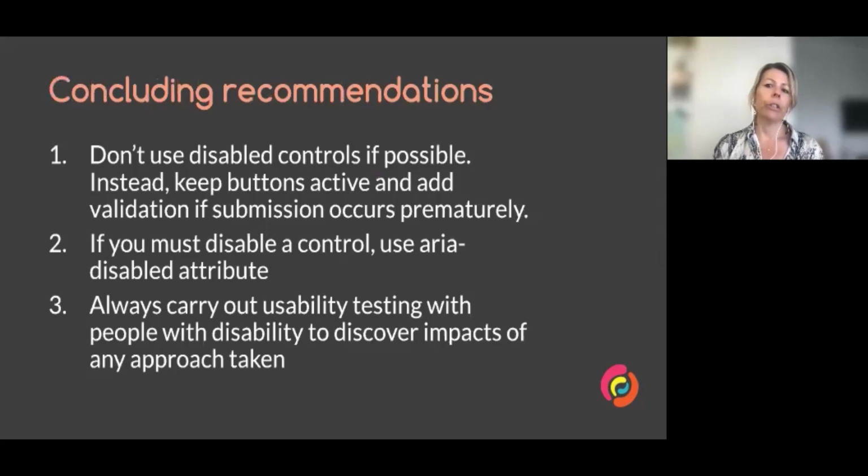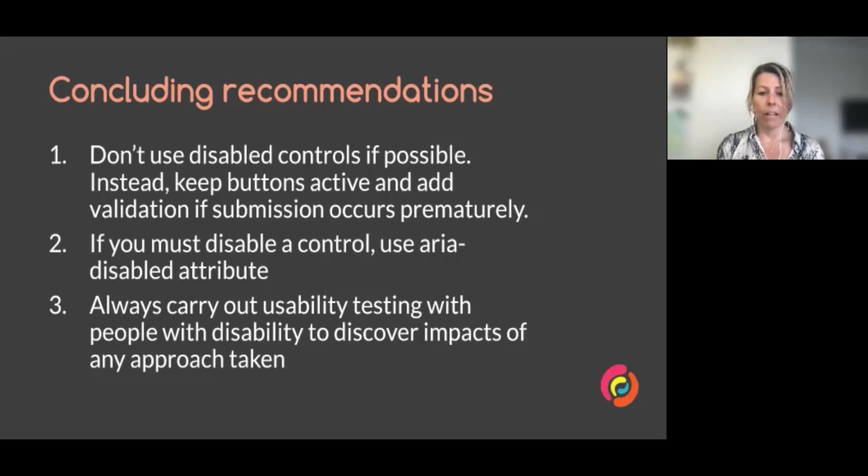So in conclusion, what are the recommendations and how can we summarize what we've looked at in this presentation? Ideally, number 1, don't use disabled controls if possible. Instead, keep buttons active and then just add validation if submission occurs prematurely.